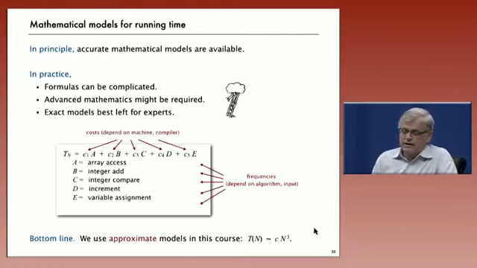All right, so in principle, Knuth tells us that accurate mathematical models are available. In practice, we can get really complicated formulas. We also might need some advanced mathematics that the theoretician will revel in, but that people learning algorithms for the first time might not be expected to know. In the end, careful, exact models are best left for experts.